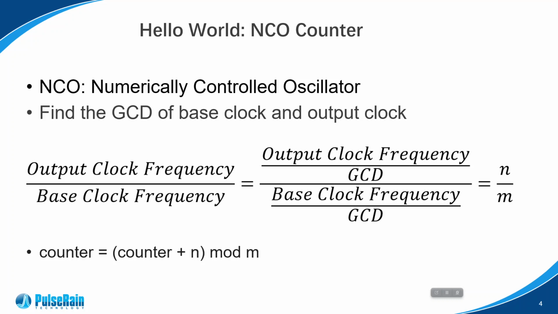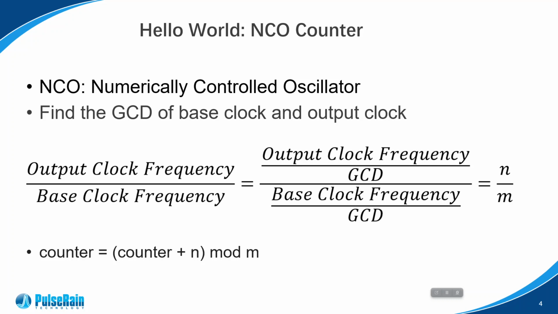This is very common in any digital design, especially in the FPGA, where usually there is only one main clock, and everything else is based on that clock. So in that case, the base clock is fixed, and the output frequency is predefined. So they want to do a counter so that we will generate the output clock.